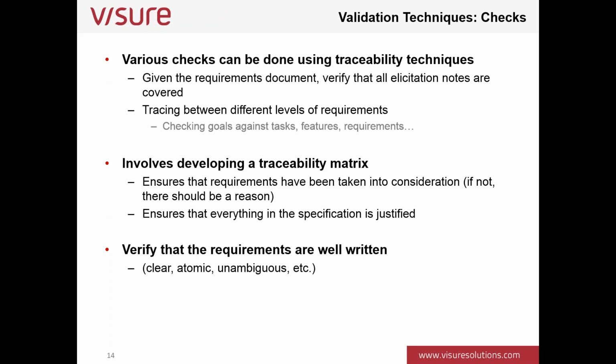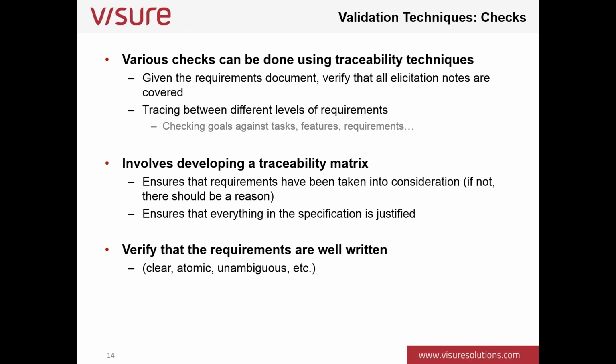There are various checks that can be done when performing the validation. Using traceability techniques, as I mentioned before, is a really valuable check. For example, given the requirements document, verify with the elicitation notes that we gathered during the elicitation sessions that all those notes are covered by the requirements.